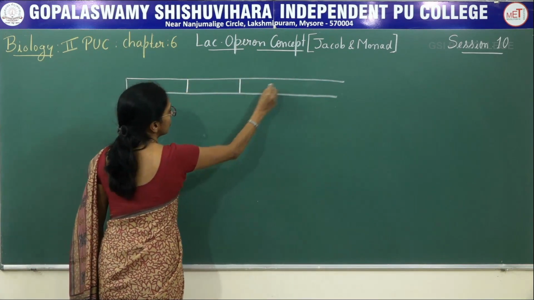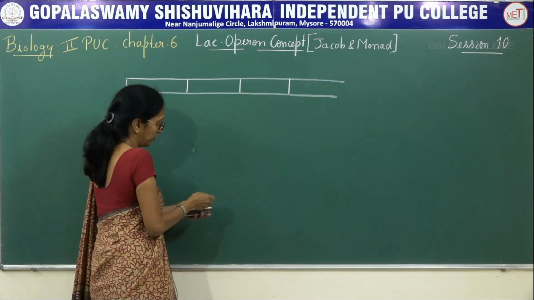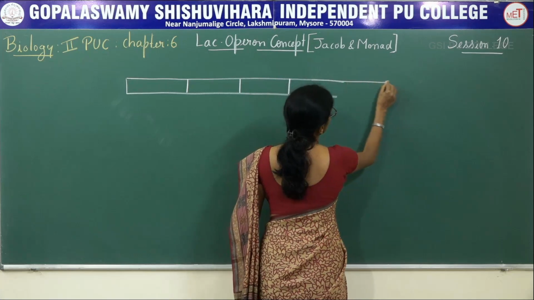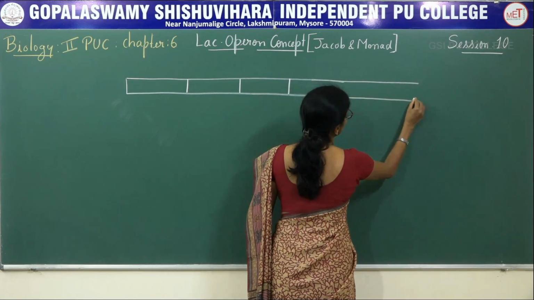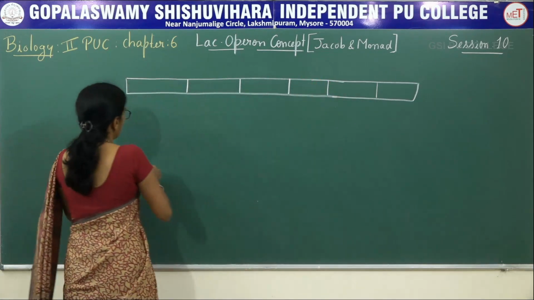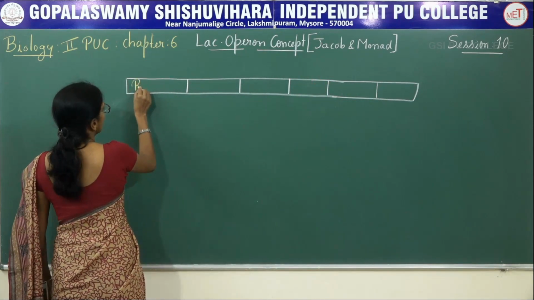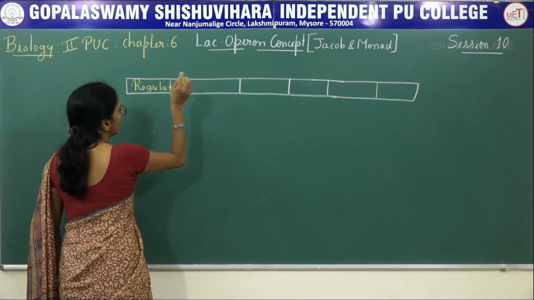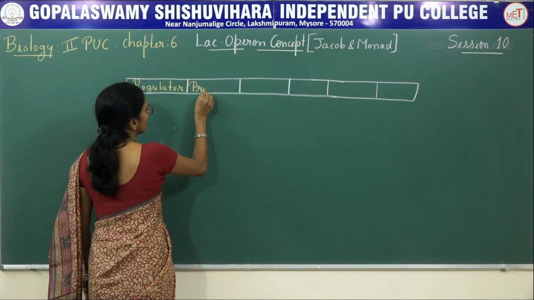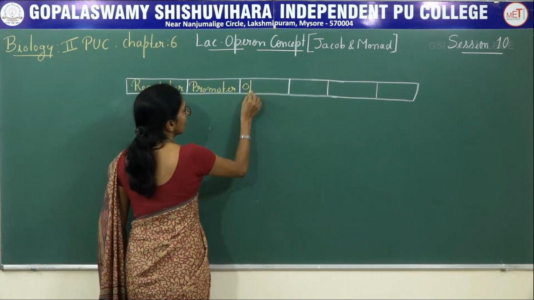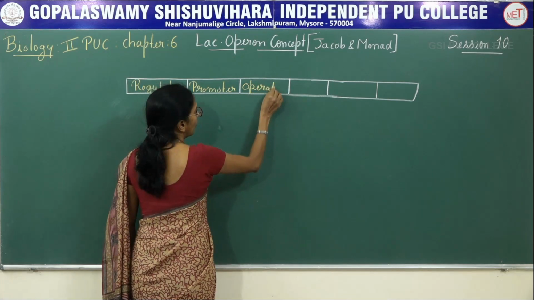There are three divisions. Here also three. This is the regulator, this is the promoter and this is the operator.